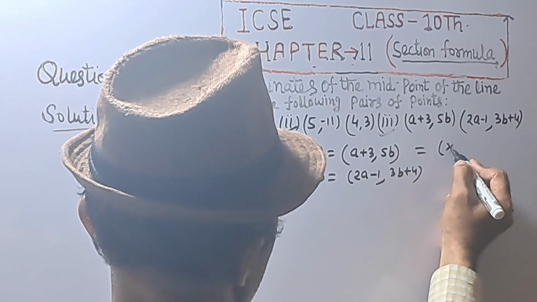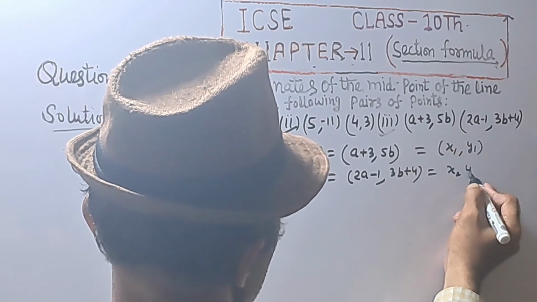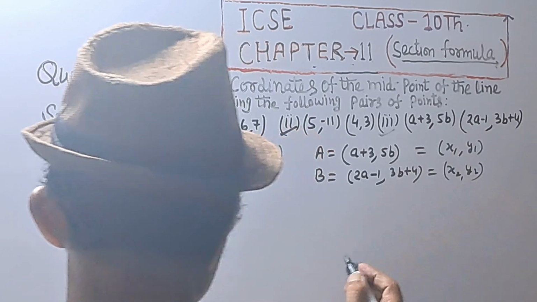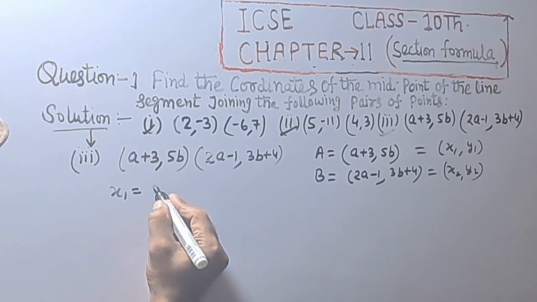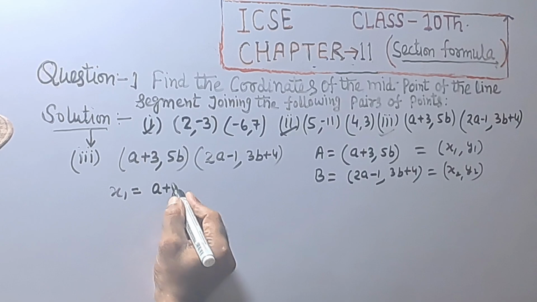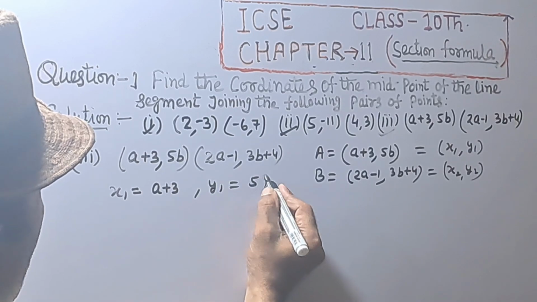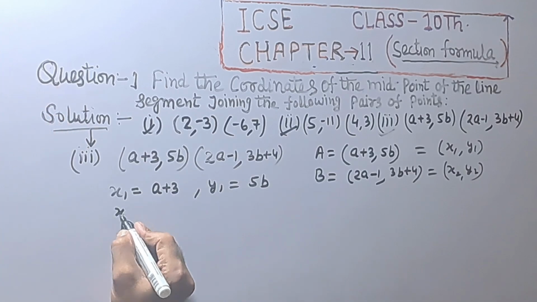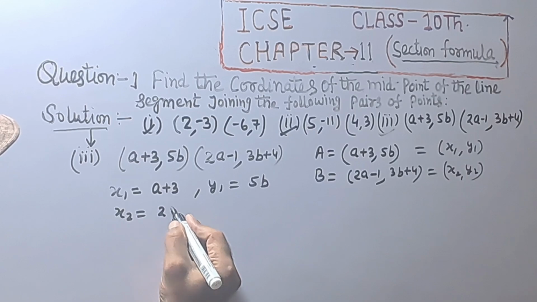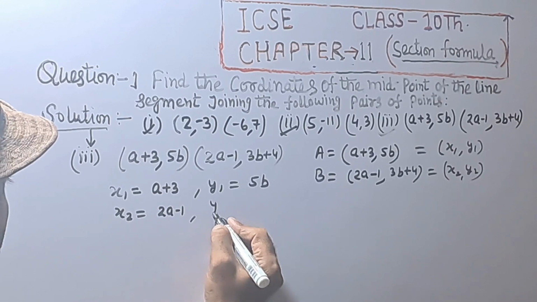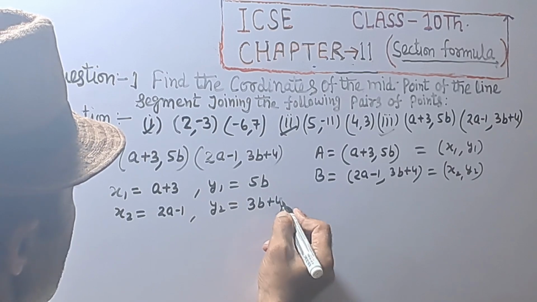That is equal to x1, comma y1 and x2, comma y2. X1 is equal to a plus 3 and y1 is equal to 5b. X2 is equal to 2a minus 1 and y2 is equal to 3b plus 4.